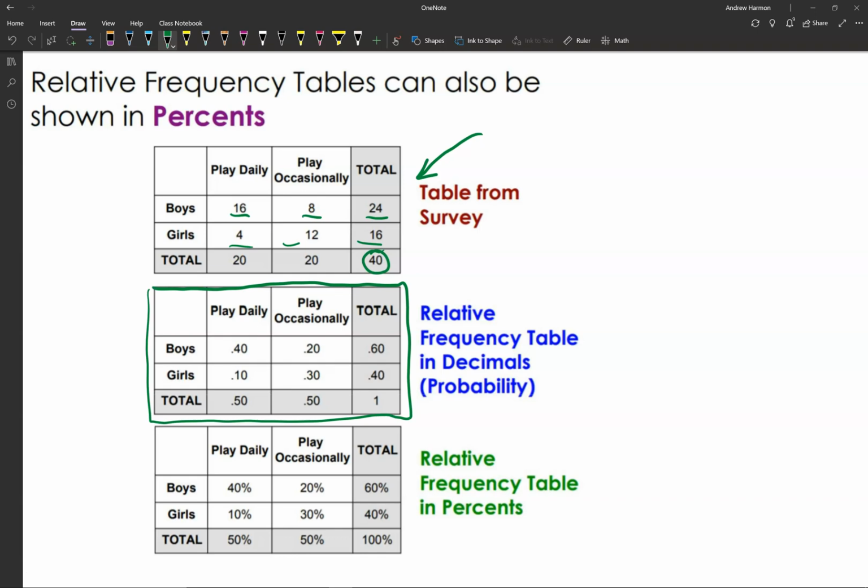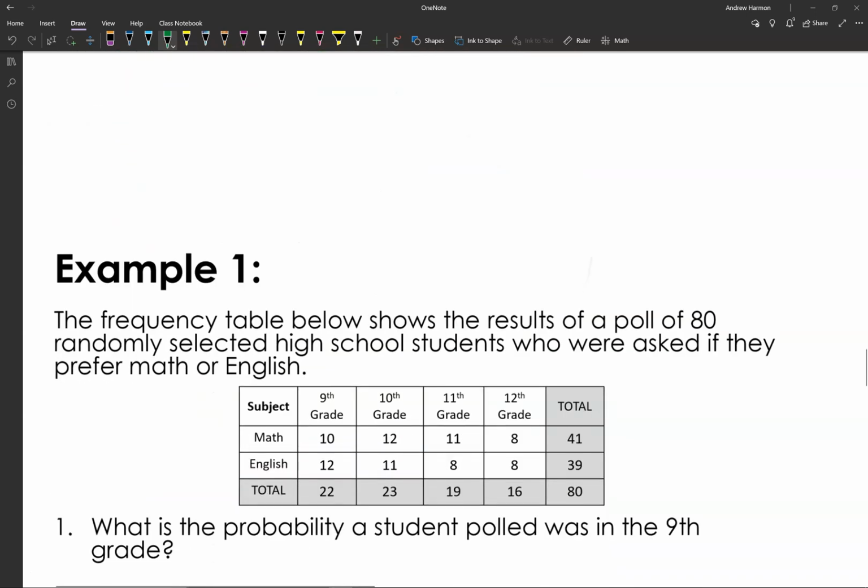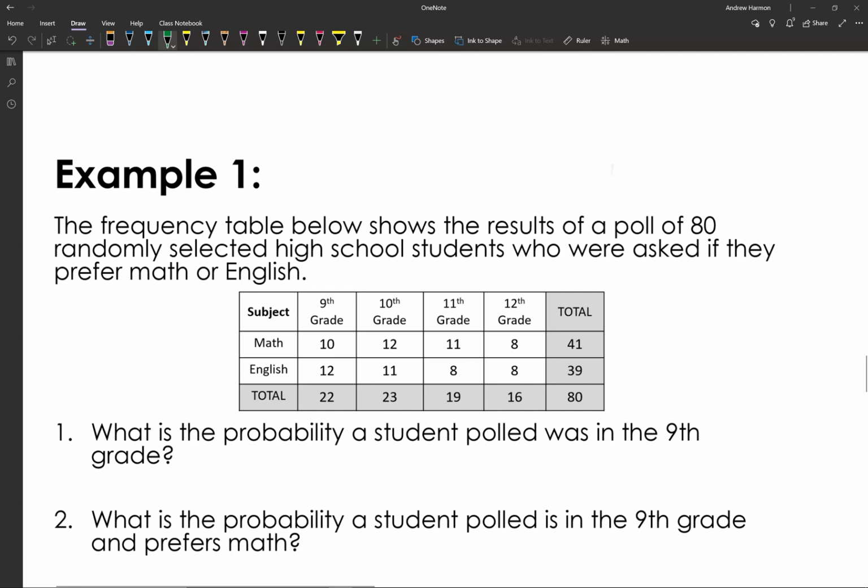Then we can easily convert that into percents to get this final percentage table, where we can say, 30% of girls play occasionally, or 20% of boys play occasionally. So you can see how easily you can convert from a frequency table to a relative frequency table, then convert that to percentages so it's easy to talk about. All right, let's take a look at some example problems in the next video.